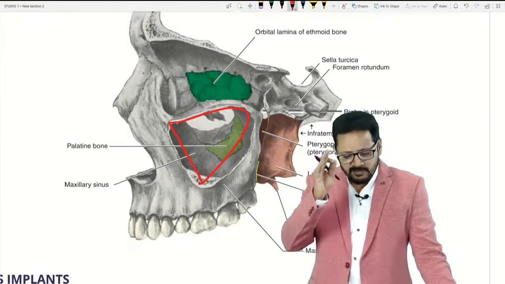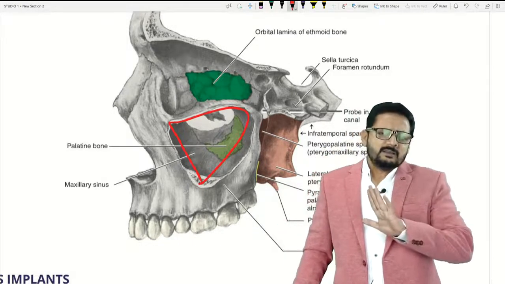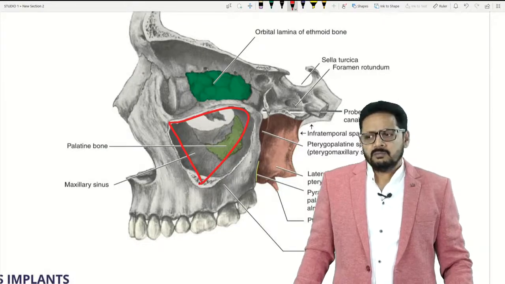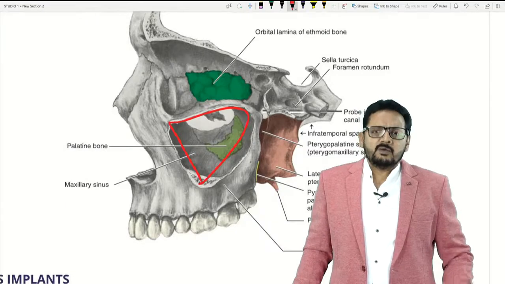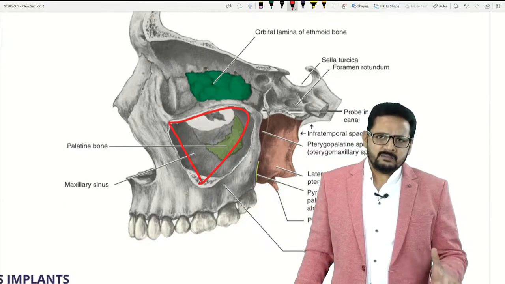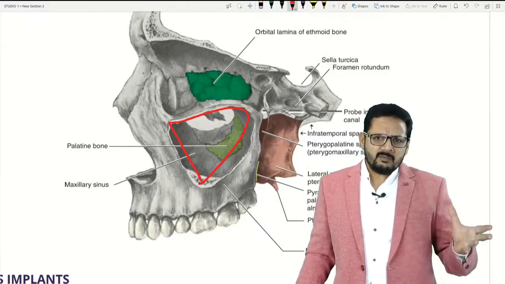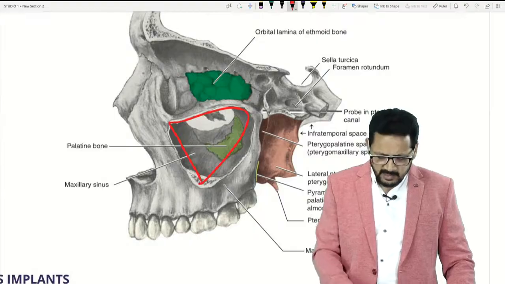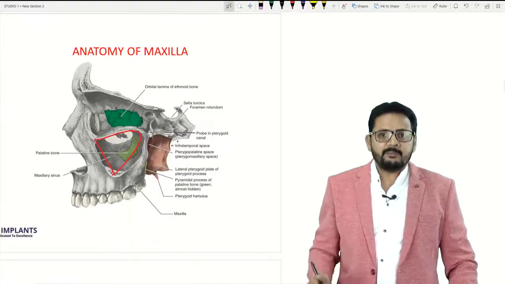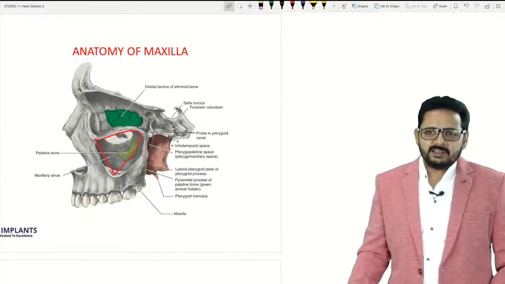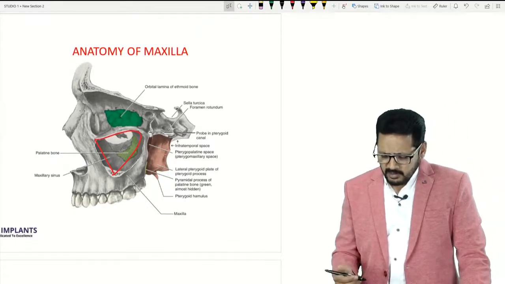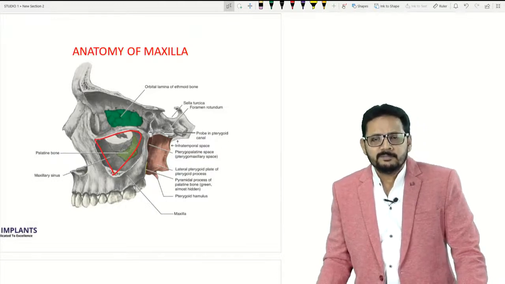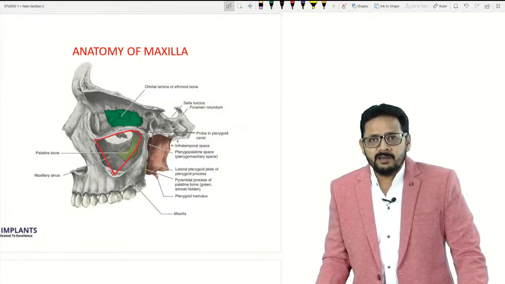Now, all of you tell me one thing. What is the shape of the maxillary sinus? Since I've drawn it there, most of you will say it is triangular in shape, or some will say rhomboidal, some rectangular, or whatever it is. But actually, the shape of the maxillary sinus is pyramidal. Now, where is the apex of the pyramid?